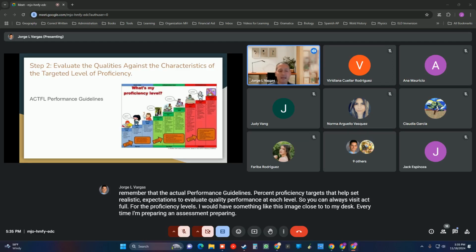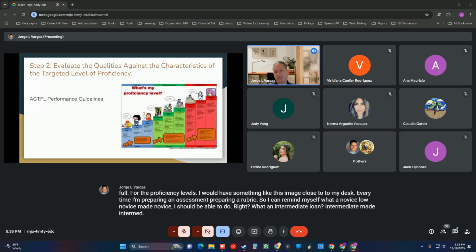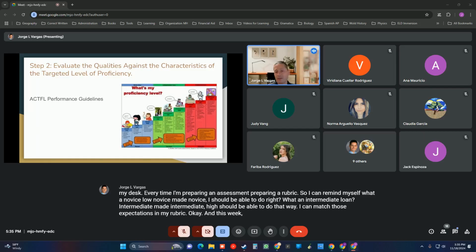Step three, describe the performance that meets your expectations with the detail and clarity that will focus your instruction and students' learning. Rubric criteria need to be clear to students while focusing on what they need to work on to improve their performance.